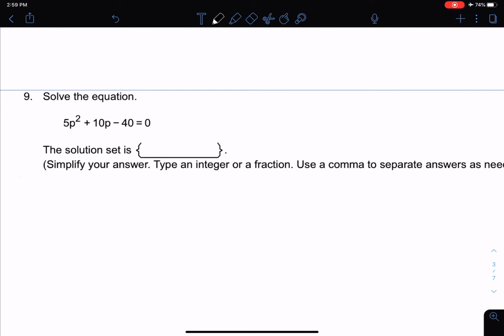So the good news is it's equal to 0. Yay. The bad news is we have a 5 there. So we don't have our super, super easy situation. So let's go ahead and say 5p squared. Now wait a minute. I can go ahead and go forward saying this is not an easy problem, and that would be just fine.